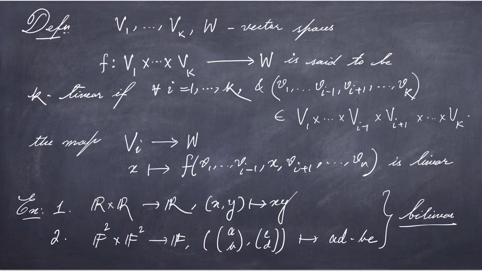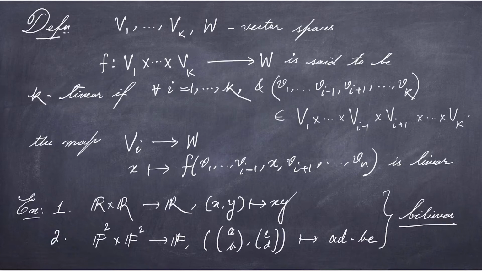Let me give you some examples so that the notion of a k-linear map will be clear to you at once. If k is 1, that is, we have one vector space, say V1, and W, then a 1-linear map is the same as a linear map. That's evident. So we should rather look for maps where k is greater than or equal to 2.